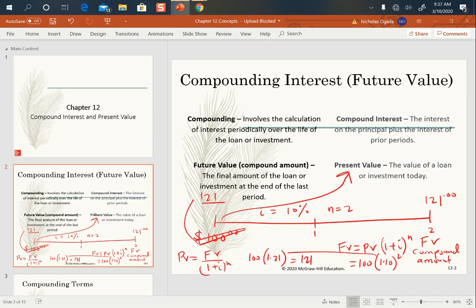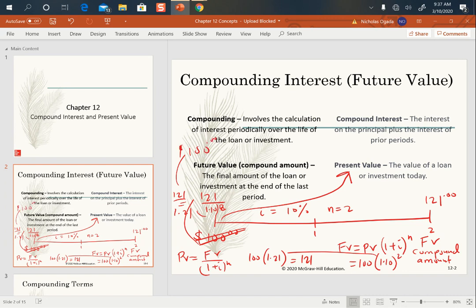So it's going to be 1.1 raised to n, and we know n is 2. So this will be 121 over 1.21, and this will give you the same $100.